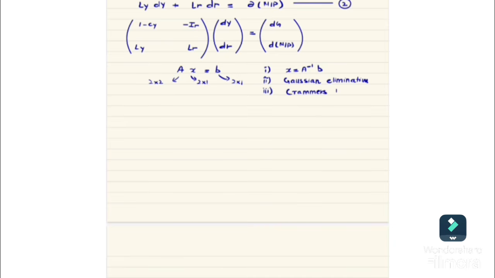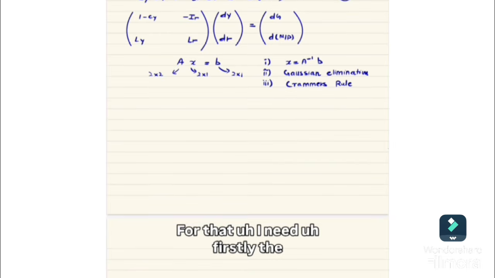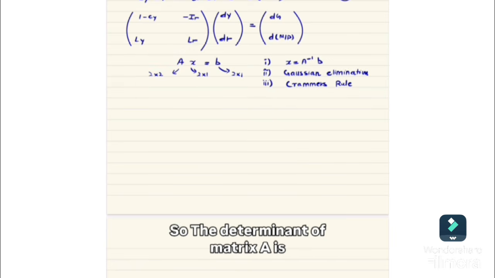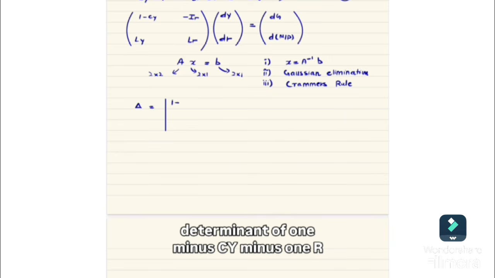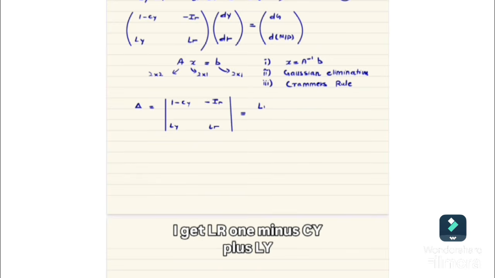For that, I need firstly the determinant of matrix A. So the determinant of matrix A is the determinant of 1 minus cy, minus ir, ly, lr. When I take the determinant, I get lr times (1 minus cy) plus ly ir.